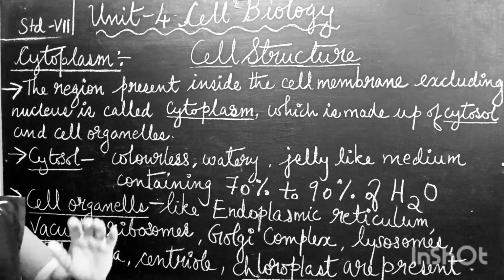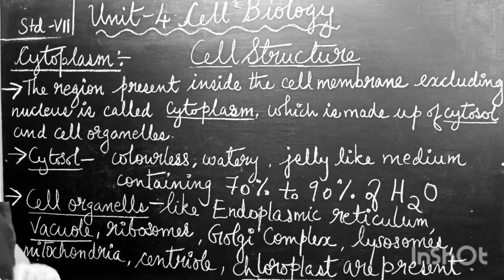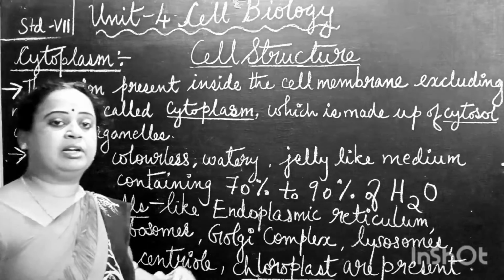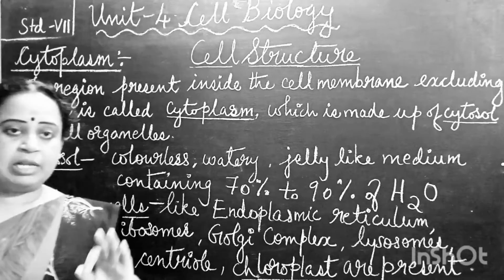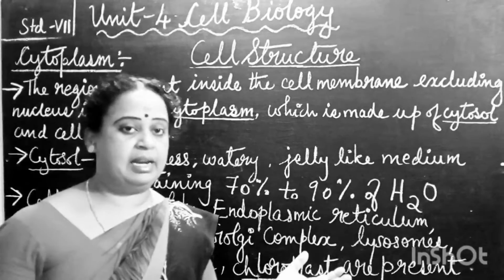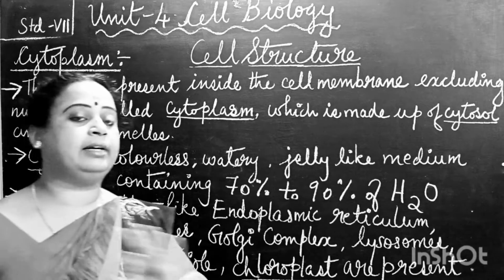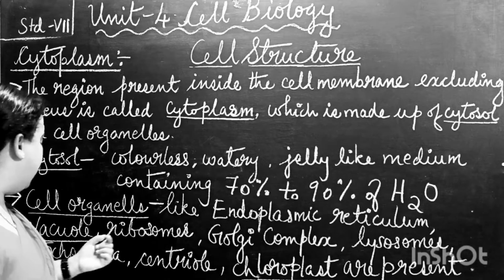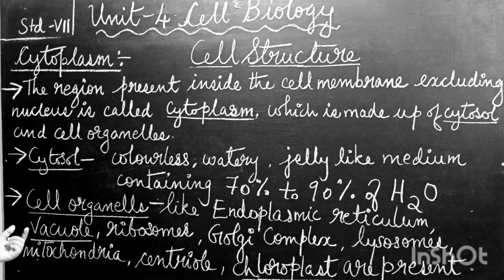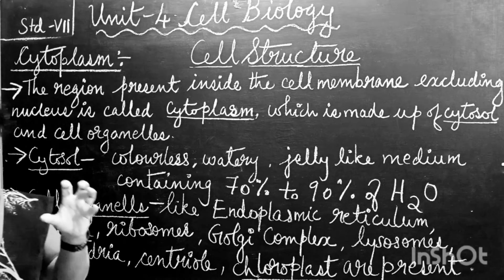Now the animal cells also contain all these cell organelles, but they do not contain chloroplast. Chloroplast is present only in the plant cell. Animal cells do not contain chloroplast. Moreover, animal cells contain vacuoles, but these are small vacuoles.